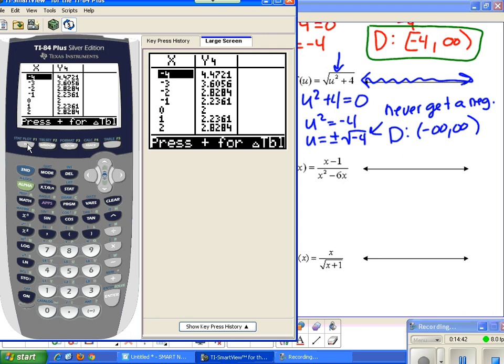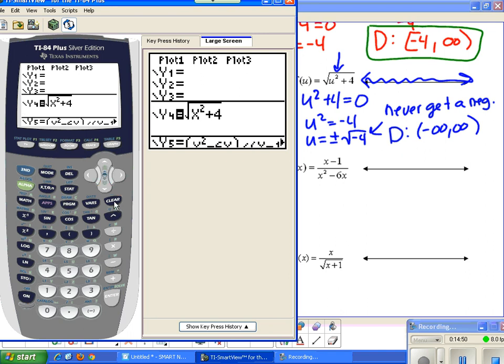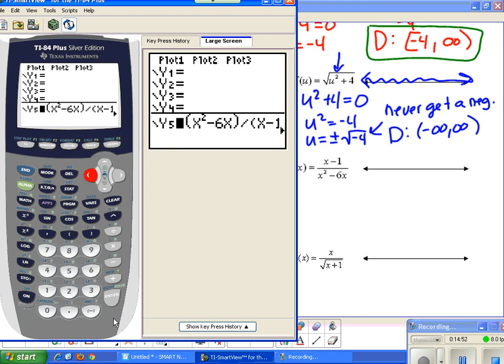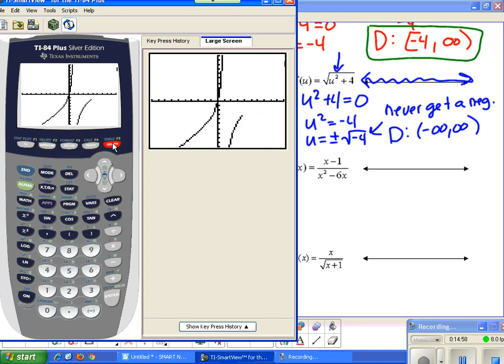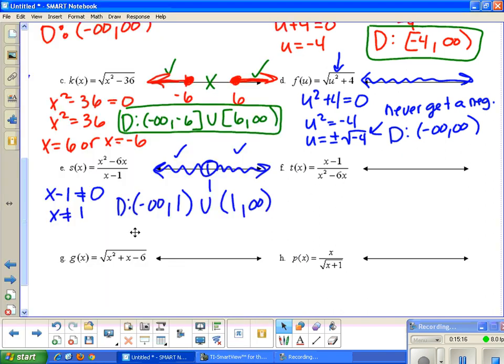So if I go to my graphing calculator and look at this one, and hit graph, notice that this is what my graph looks like, and if you remember from Algebra 2, there's a vertical asymptote right there, so any other x value will work except for an x value of 1. Even if you go to your table, you see error at 1 because, again, there's that vertical asymptote there, which we're going to be talking about rational functions again in the next chapter.